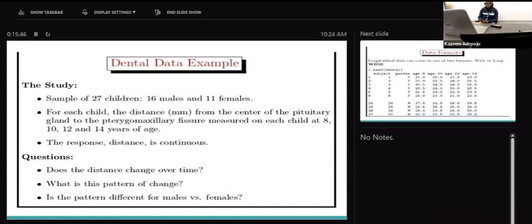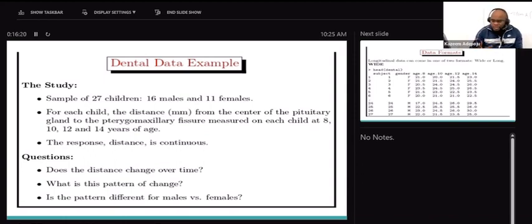Of course, that makes the situation a repeated measure, because the 27 children were observed at 4 different times at different ages. We just want to see, is there going to be a change over time? Of course, the response variable that we're focusing on is the distance, and that is quantitative, continuous, right?